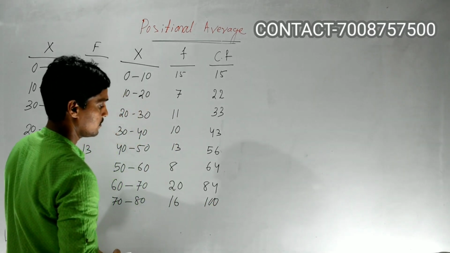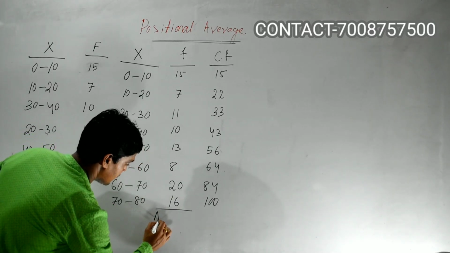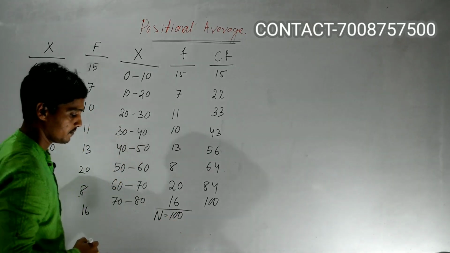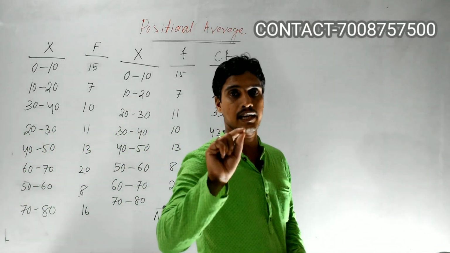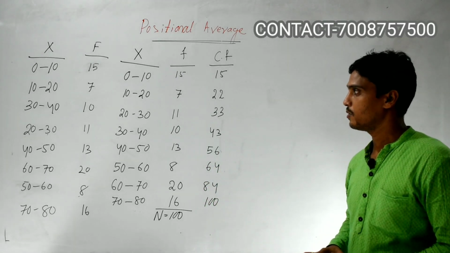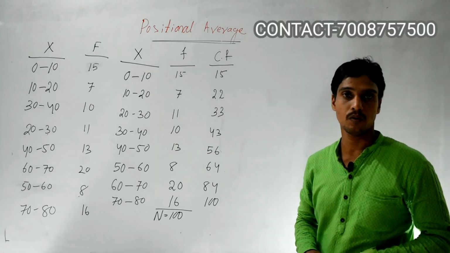So our total frequency, that is n, equals 100. Now we can calculate different types of positional averages as per the question.